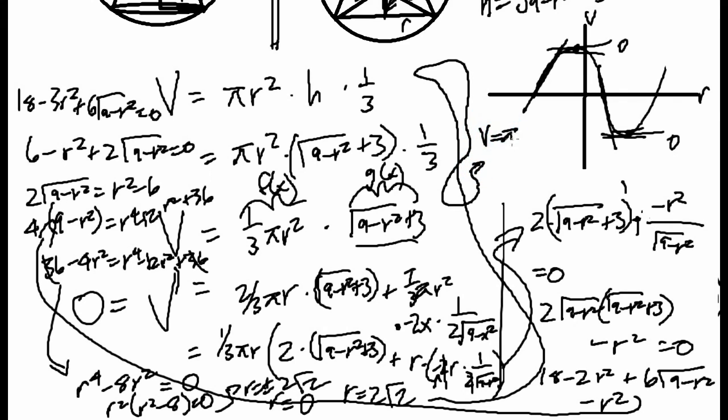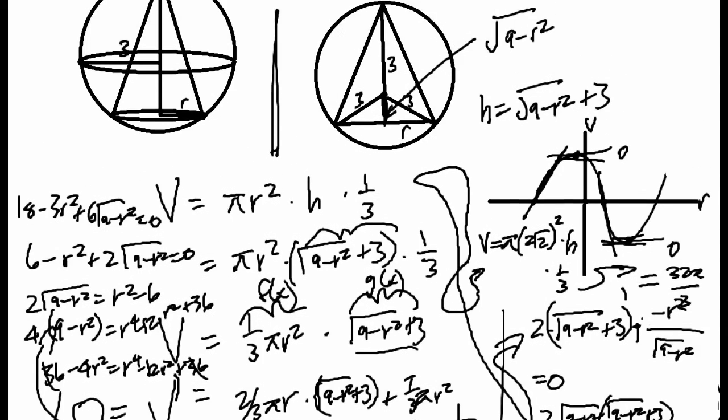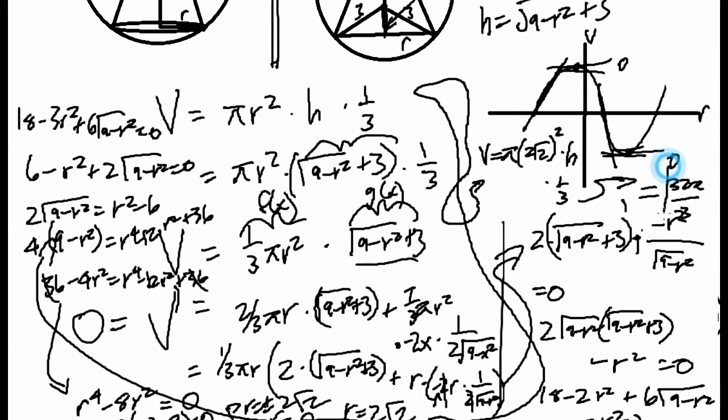V equals pi times 2 root 2 squared times height, which is this thing right here, times 1/3, and then I'm not going to solve it because I'm running out of room. And actually, if you solve this, you get 32 pi over 3. And that's sort of our solution.